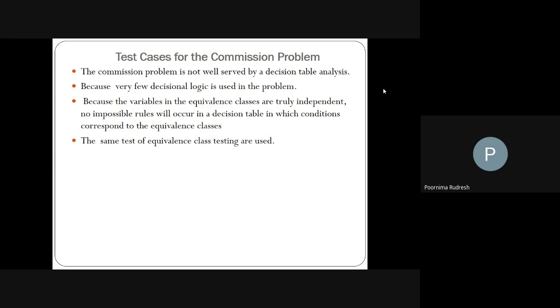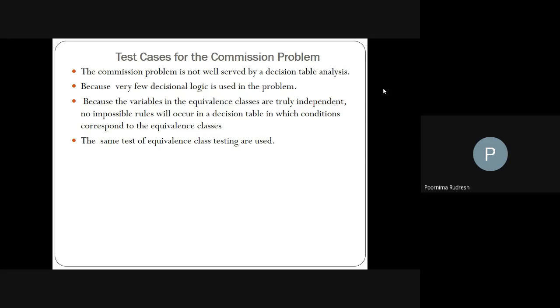Why? Because the commission problem is not well served and very little decision logic is used in the problem, hence no impossible cases occur, and hence we can use the same equivalence test classes as the decision table test cases. Okay, we can use the same thing and test the commission problem.